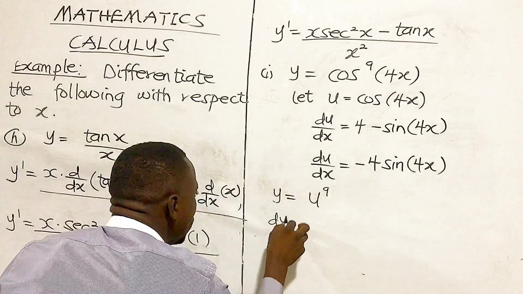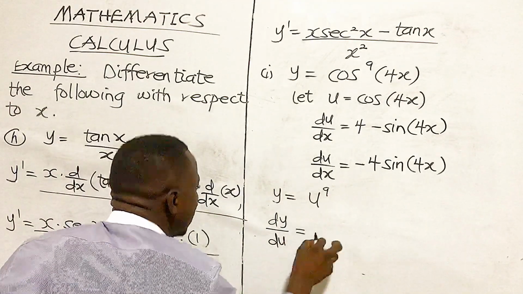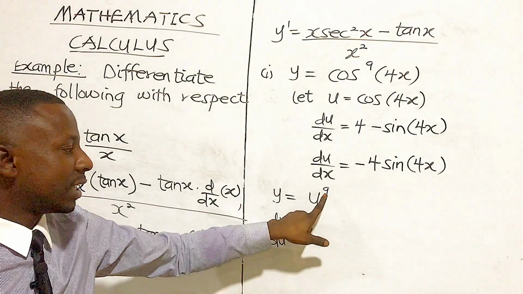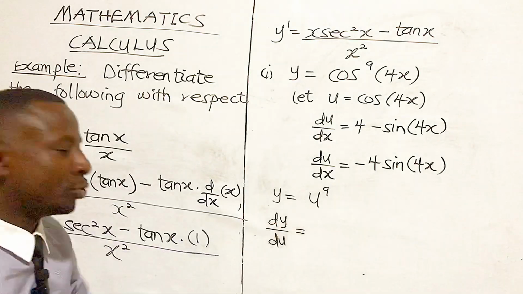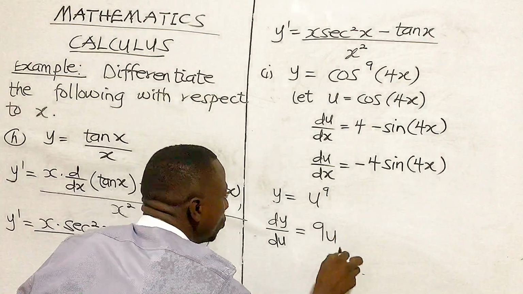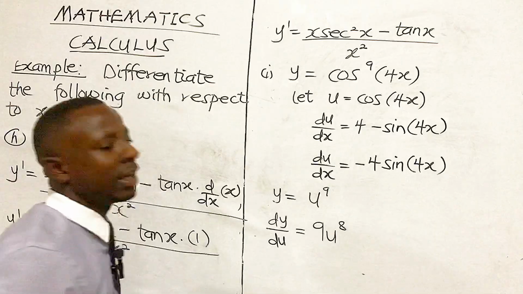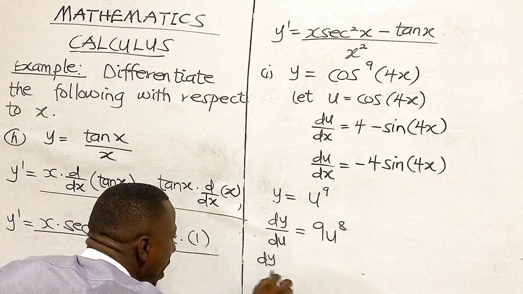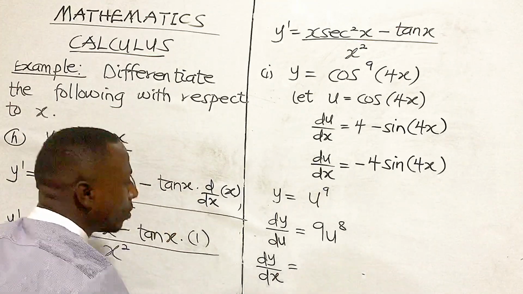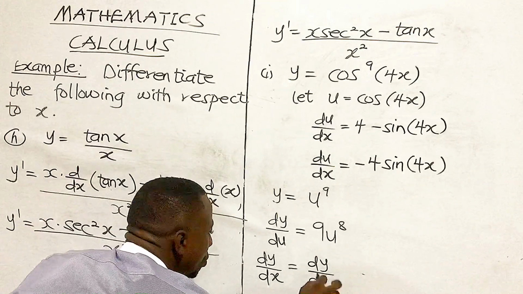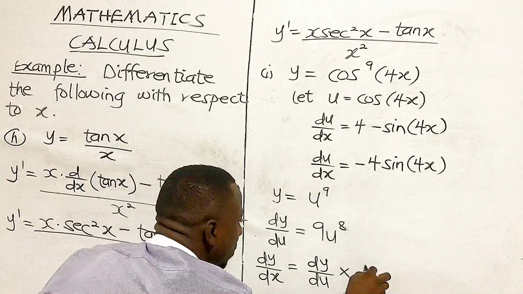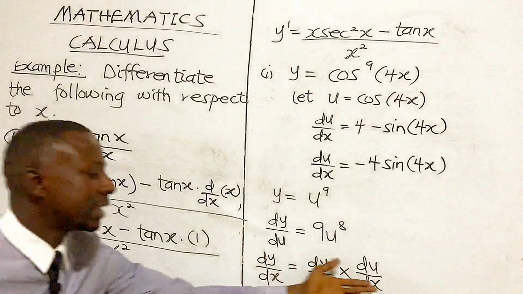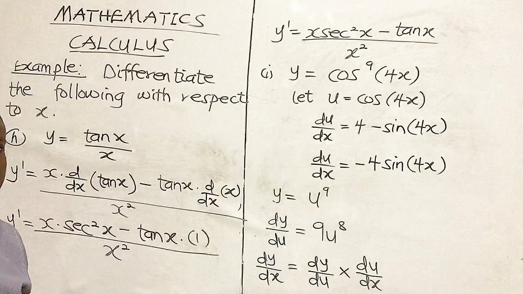So I have dy over du is equal to, anytime we are differentiating where we have an exponent, the exponent must multiply the u. So we have 9u, difference 1, we have 8. So now we are going to get dy over dx to be equal to dy over du multiplying du over dx. So this is how we are going to present it.